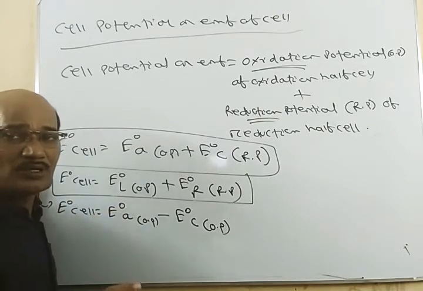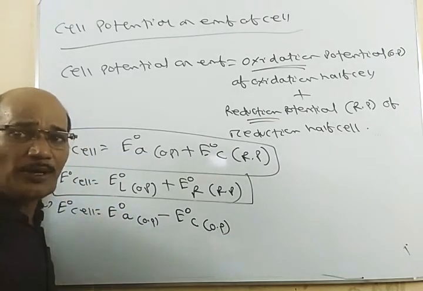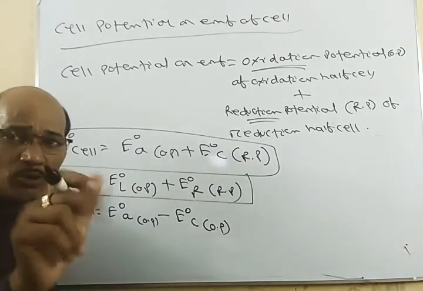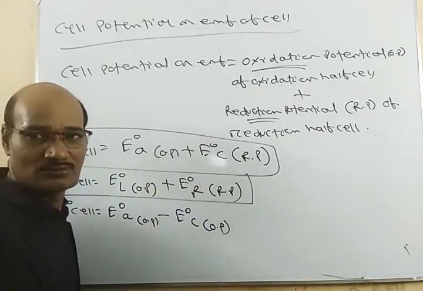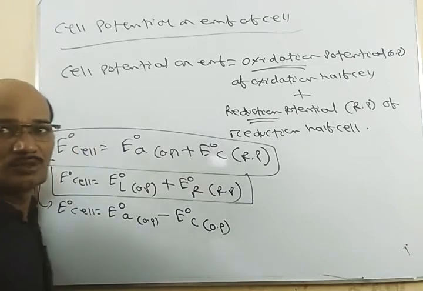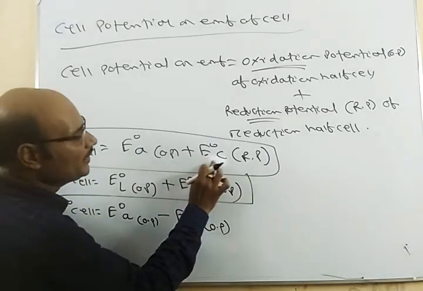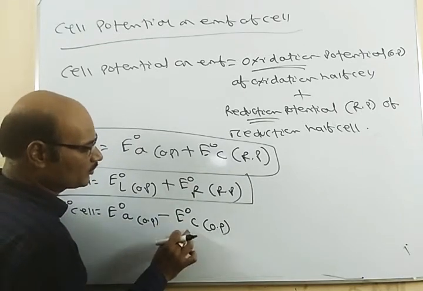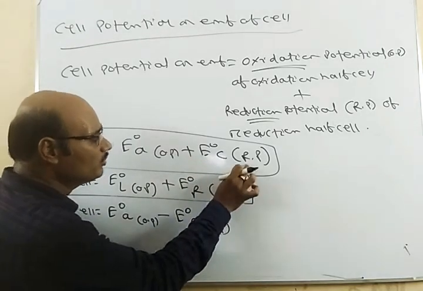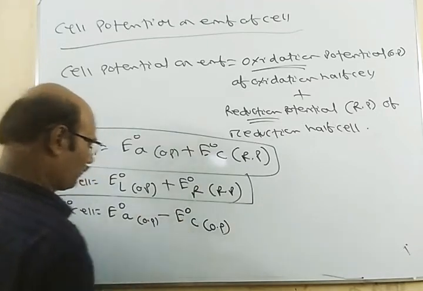Because if the oxidation potential of a particular electrode is x volt, then its reduction potential will be minus x volt. Just reverse. So E cathode RP equals minus E cathode OP.